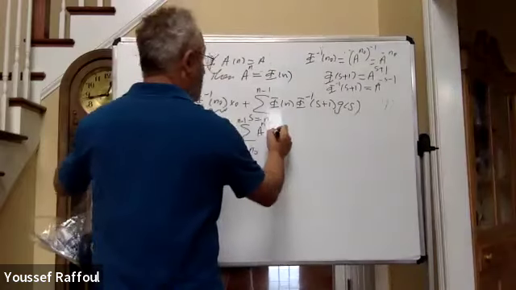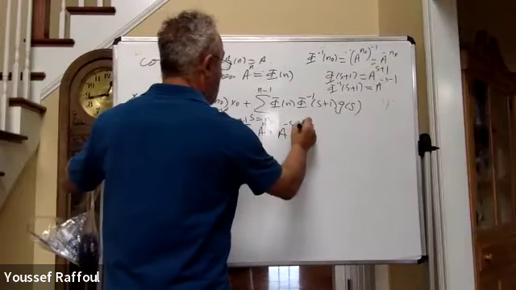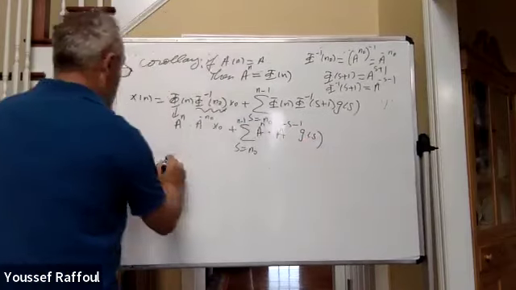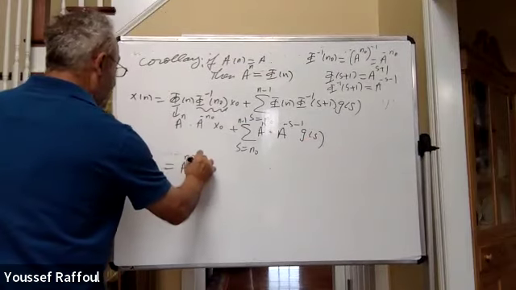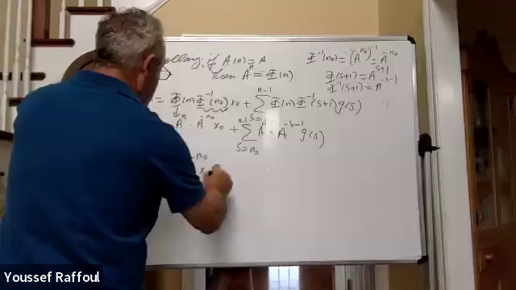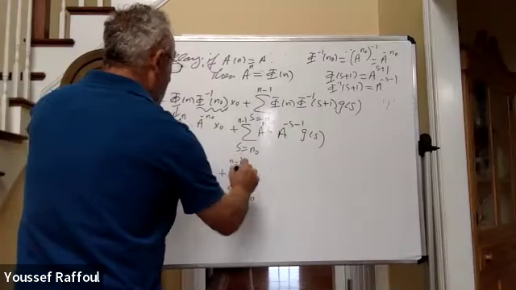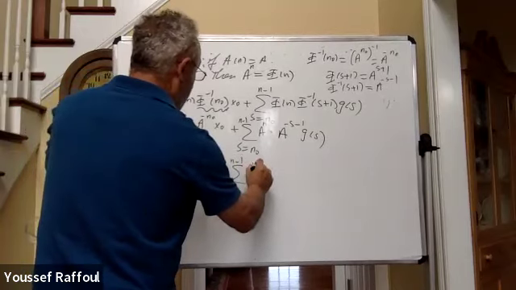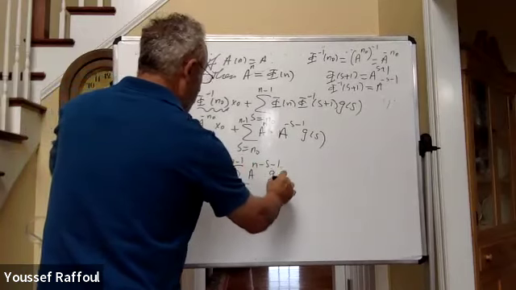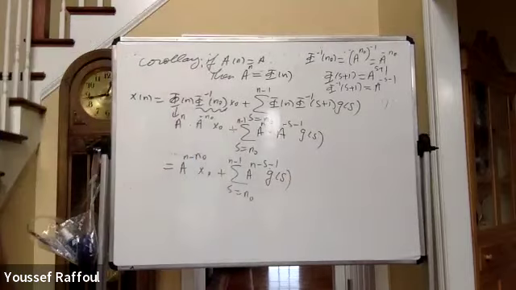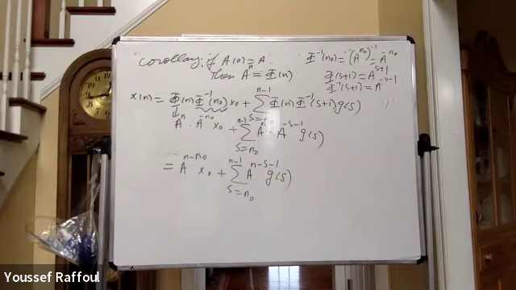And so that is A^{-s-1} g(s). So that is A^{n−n0} x0 plus the sum from s = n0 to n−1 of A^{n−s−1} g(s). And that is what the formula will be. Any questions?